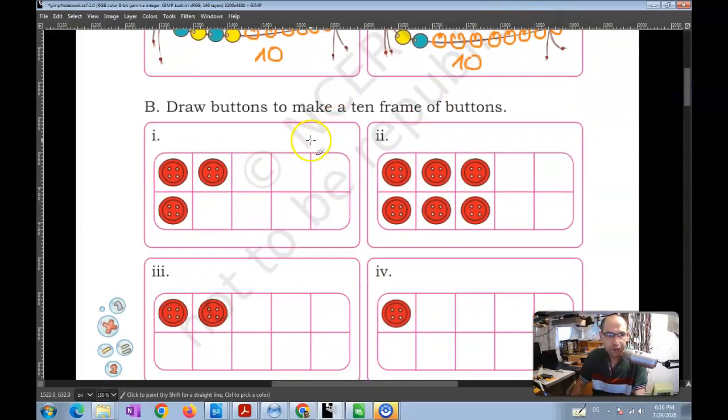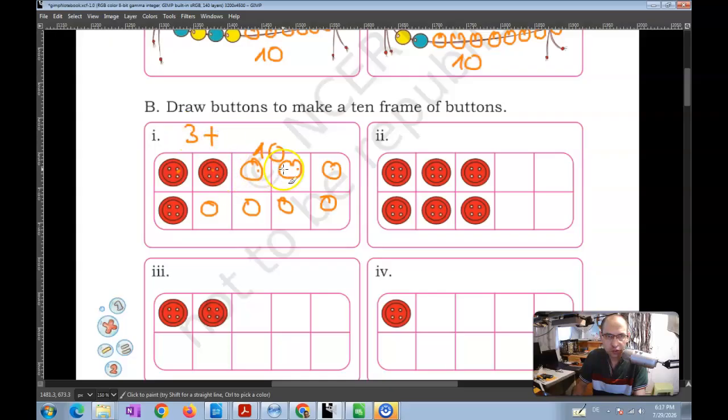Okay, now again over here, draw buttons to make a 10 frame of buttons. So we have 1, 2, 3, 4, 5, 1, 2, 3, 4, so the whole box becomes 10 buttons. So I draw all of these buttons over here, and that's 3 buttons.